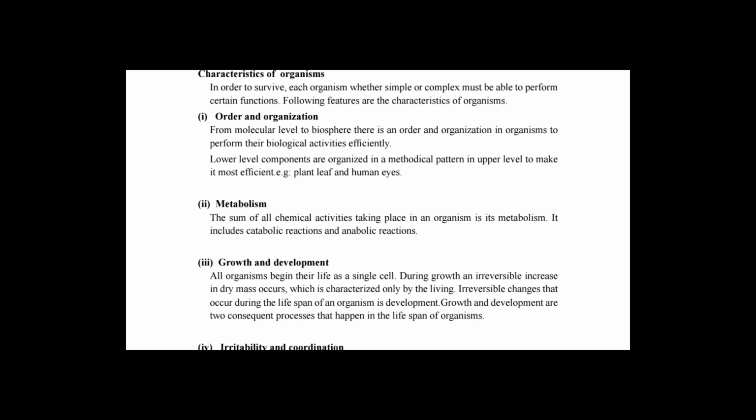From molecular level to biosphere, an order and organization is observed in organisms. Okay, from molecules it becomes organelles, organelles become cells, cells become tissues, tissues become organs, organs become organ systems, organ systems become organisms, organisms become population, population becomes community, community becomes ecosystem, ecosystem becomes biosphere. So from molecular level to biosphere, there is an order and organization observed in these organisms.